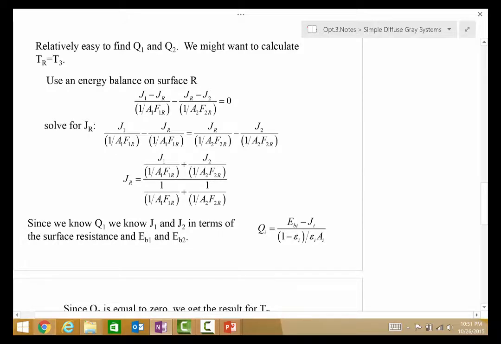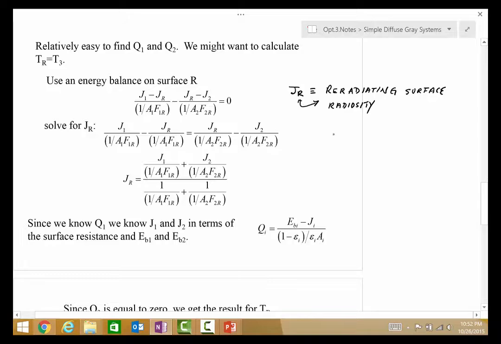To find T3 means that we need to know JR, what we're calling the so-called re-radiating surface radiosity. So an adiabatic surface in radiation is called a re-radiating surface. And so this is the re-radiating surface radiosity. Hence the subscript R. R is for re-radiating.